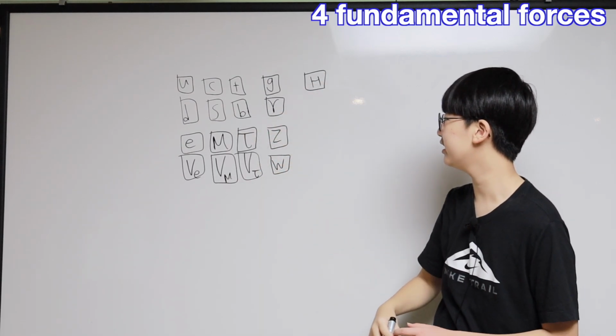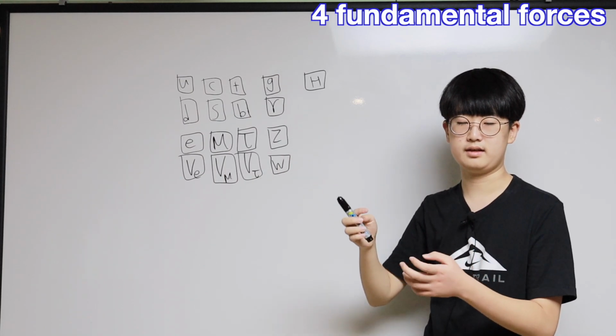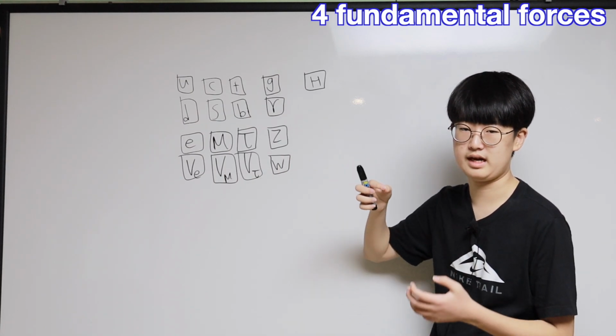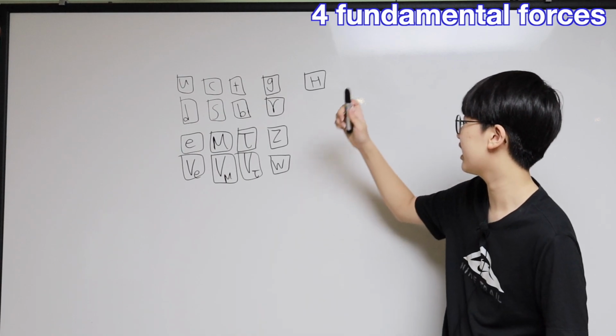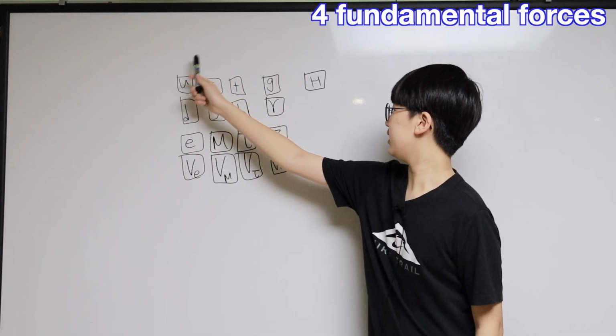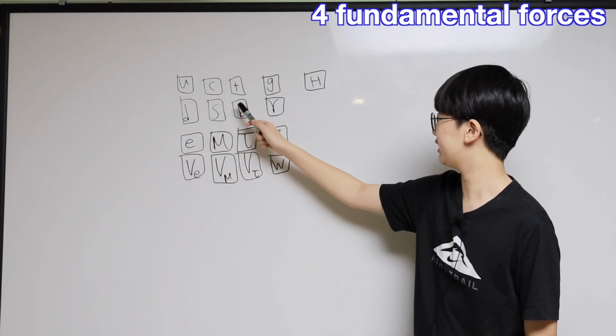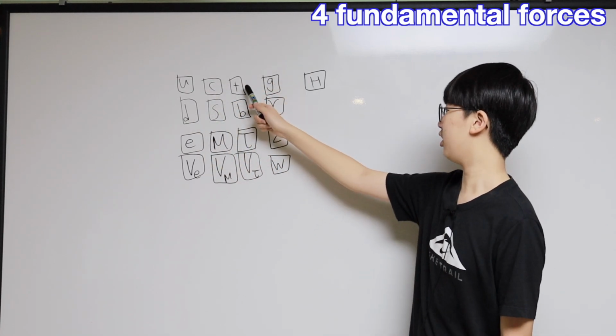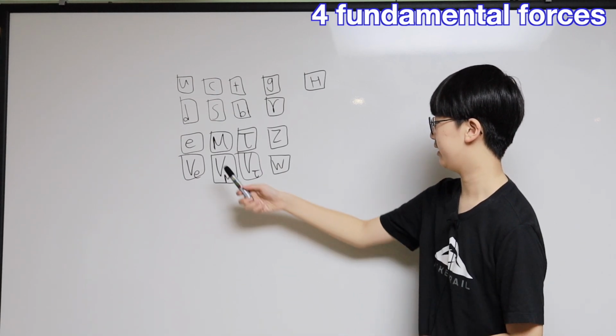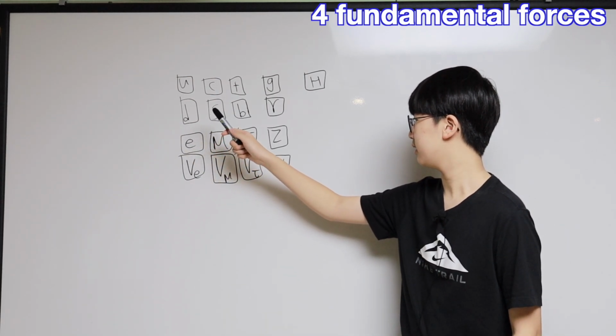Now there's some sort of table about the little particles that make up the universe, and these 6 are the quarks: up quark, down quark, charm quark, strange quark, top quark and bottom quark.